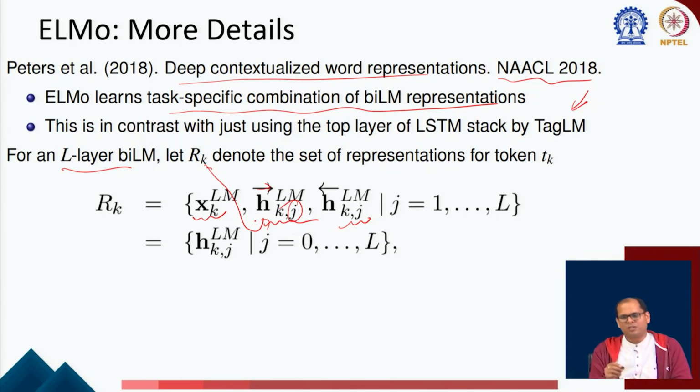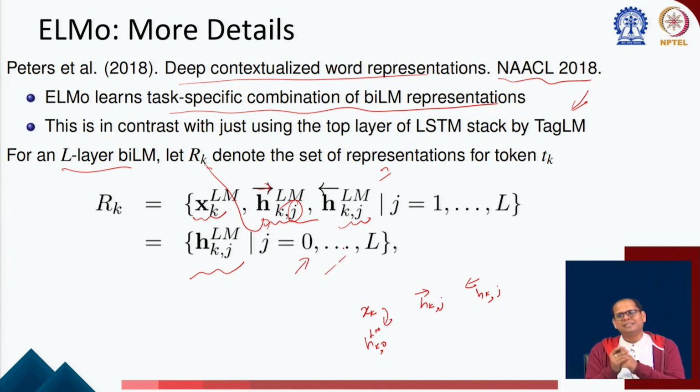So for each token k, you will have x_k, the embedding, you have h_k at layer j forward, h_k at layer j backward, right. So that's what you have, and you can also say this is h_k0, the embedding, right. So you have this h_kj^LM, and you have it from layer 0 up to layer L.